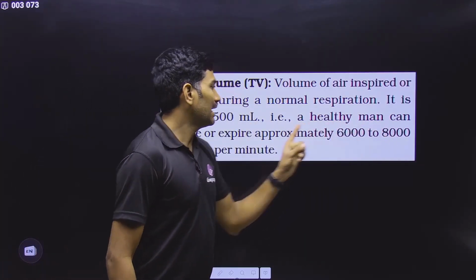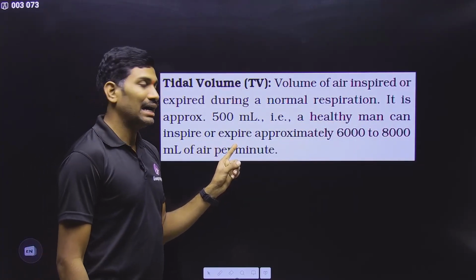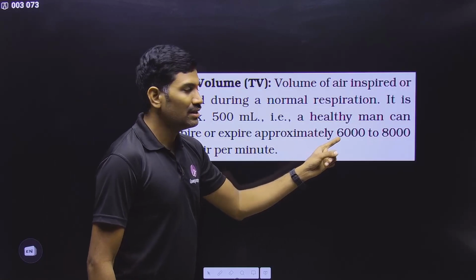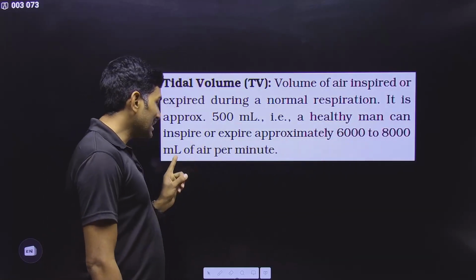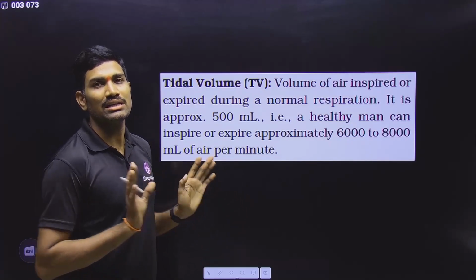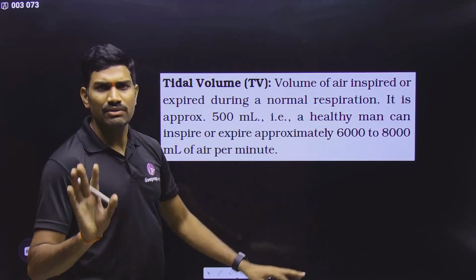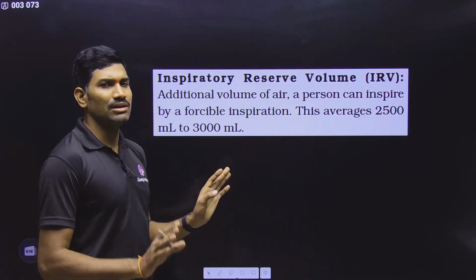That is, a healthy man can inspire or expire approximately 6000 to 8000 ml, means 6 liters to 8 liters of air per minute. This is what they are saying. Basic calculation, very simple. You need to remember this. This is the tidal volume, the normal thing.